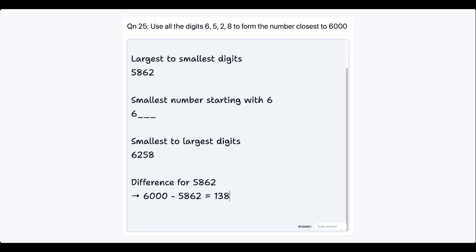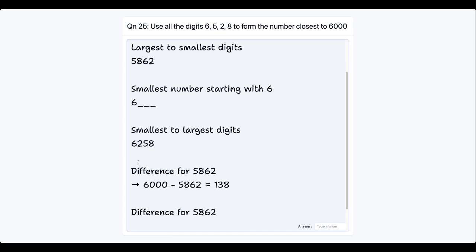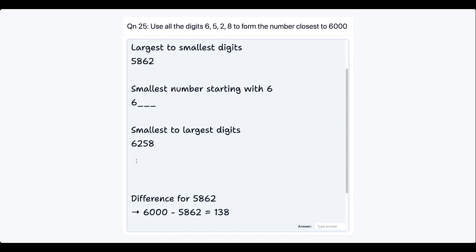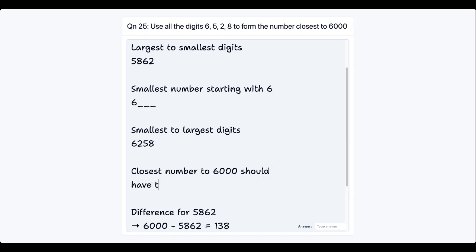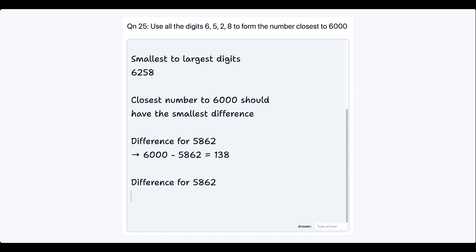So that's the difference for 5862. The closest number to 6000 should have the smallest difference. We have 138, which is very promising.